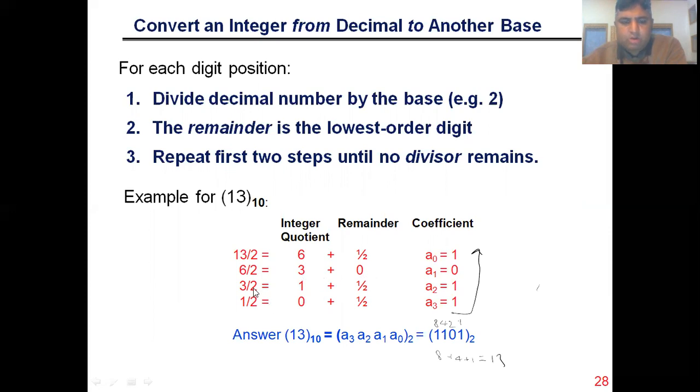Then we divided 3 by 2: 1 is the quotient and 1 is the remainder. We collected the remainders, arranged them in reverse order, and 1101 is the binary equivalent of this decimal 13.